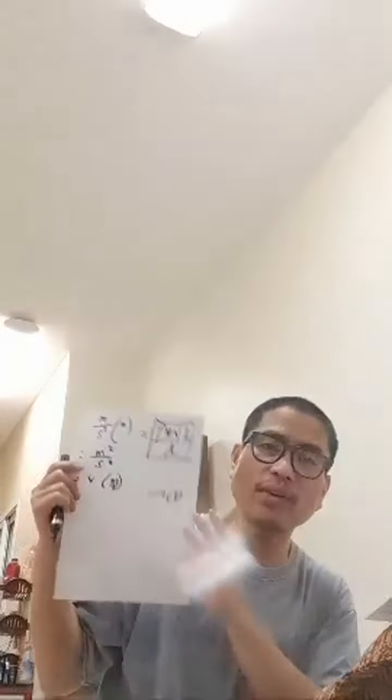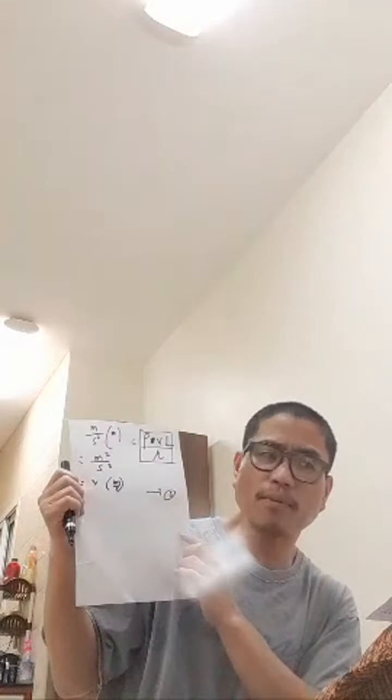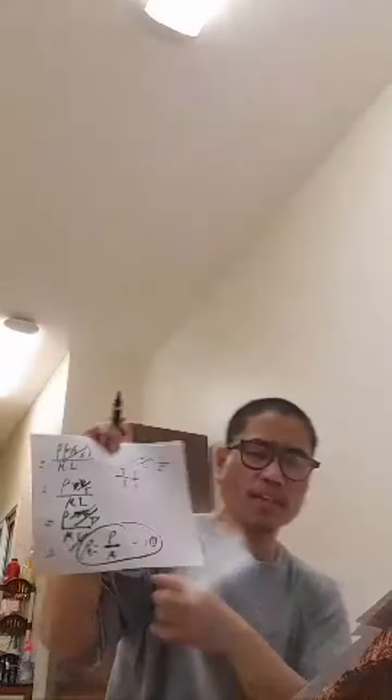Tama ba siya, guys? Density, velocity, times length, and Newton. Is this the formula of Reynolds number? Density times the velocity times length and the mu. Or is it option 1? Density over mu.